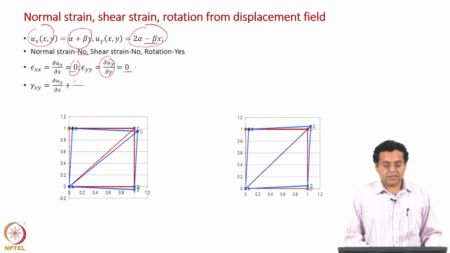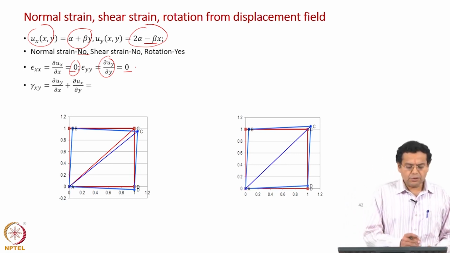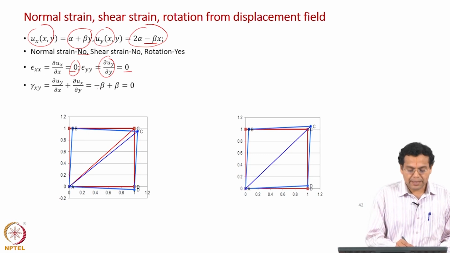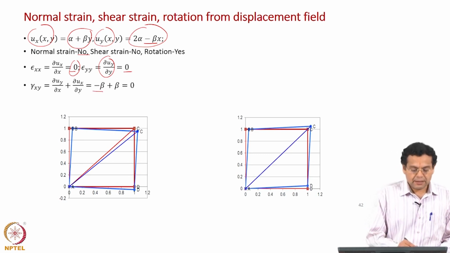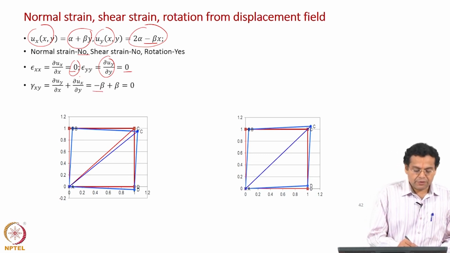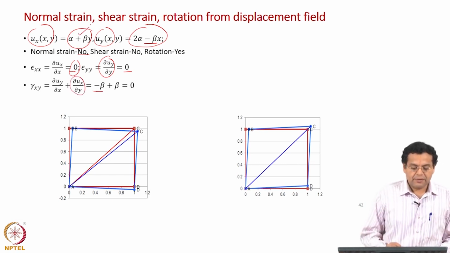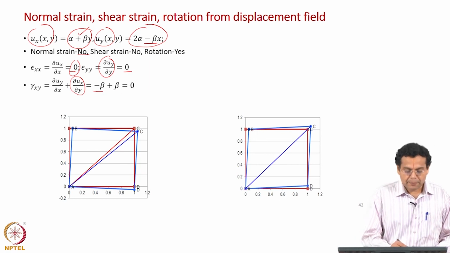Now, what about shear strain? Dou uy by dou x, differentiate uy with respect to x, you get minus beta, and then we had dou ux by dou y. So, differentiate this with respect to y, you get plus beta, giving you 0.